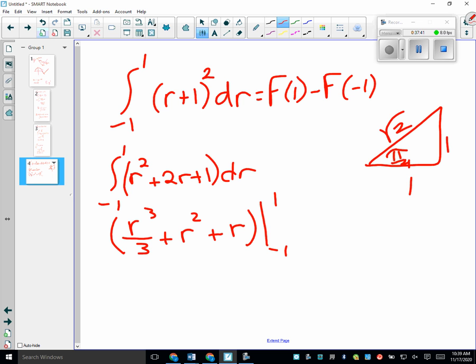Yeah, that's what I got. 7/3 minus, what do I get when I plug in negative 1? Negative 1/3. So what does that equal? 8/3.